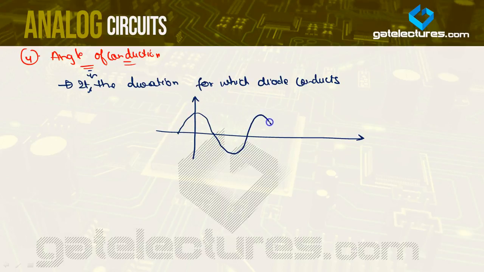Let's say this is how your output waveform looks. This is a pure AC signal. This is how your input waveform looks. Now we are taking a cosine signal. We have just applied a phase shift of pi by 2 so that our calculations become easy.